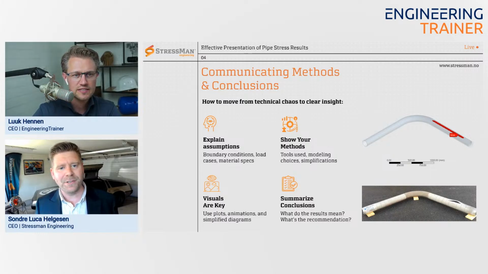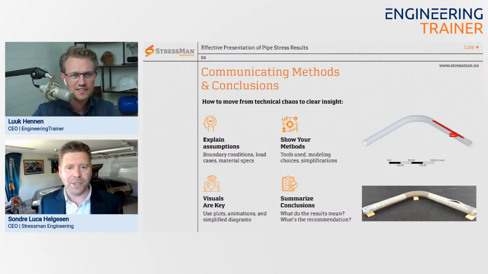So you have your colleagues who probably will do an internal review of your report to make sure you didn't make any mistakes and so forth. They need to know all the technical details, and that should be given in the report, of course. And then you maybe have your leader in the company, or a project leader from the client, who is more interested in: okay, do we have a go or no go for this piping system?